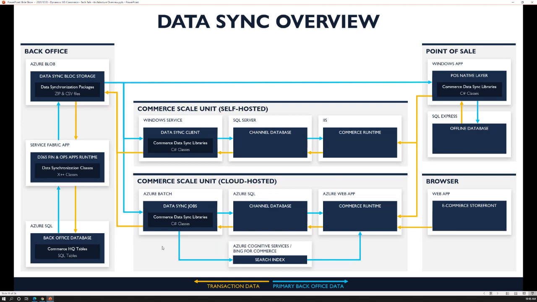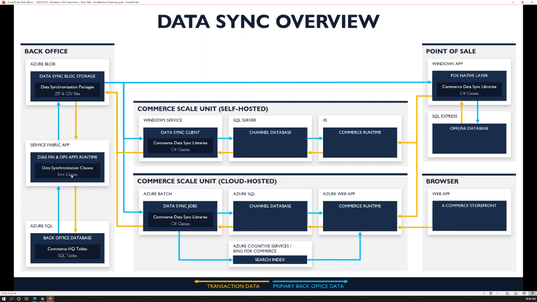So I'll start over here in the back office. Obviously we have our Commerce HQ table. So this is your master record data: pricing, discount, catalog data. We then have a set of data synchronization classes. That's X++ code that's hosted within this Finance and Operations app runtime.